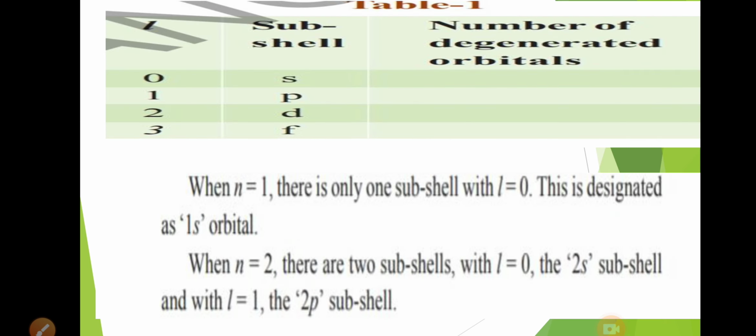So, when n is equal to 1, there is only one subshell, L is equal to 0. This is designated as 1s orbital. Okay, next, n is equal to 2. There are 2 subshells: L is equal to 0, that is 2s, and L is equal to 1, that is 2p.